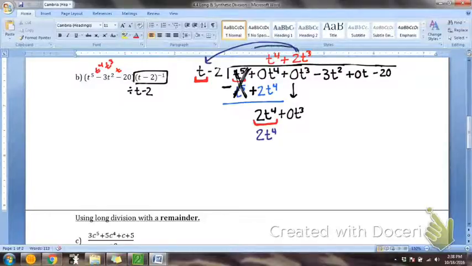And then I have to do it times the 2. So 2t cubed times a negative 2. Negative 4t cubed. Excellent. Now we draw our line. Subtract, and then I can change that negative 4 to be a positive 4.